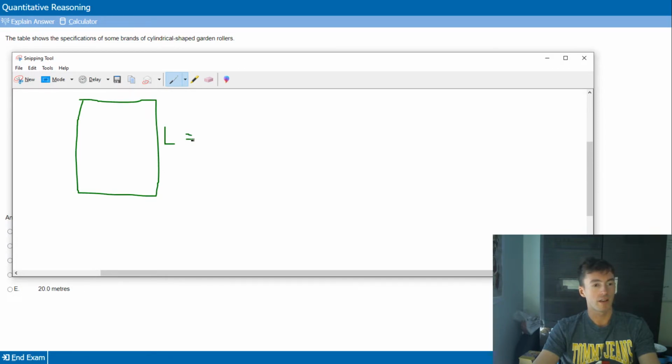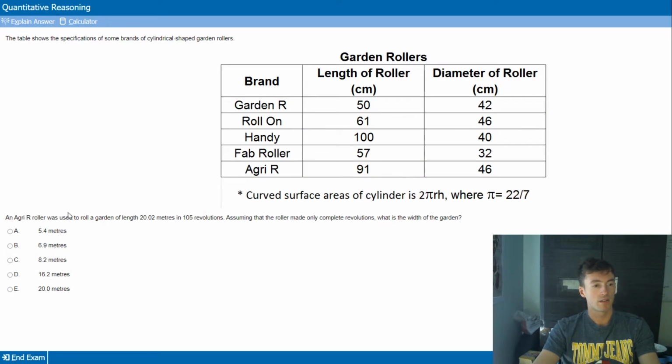So you have the length equals 20.02 meters. We're trying to find out what the width is. And we are given this roller. So we are told that this roller can roll a garden in 105 revolutions, and that we're assuming that this roller made only complete revolutions, we are able to find out what the width is.